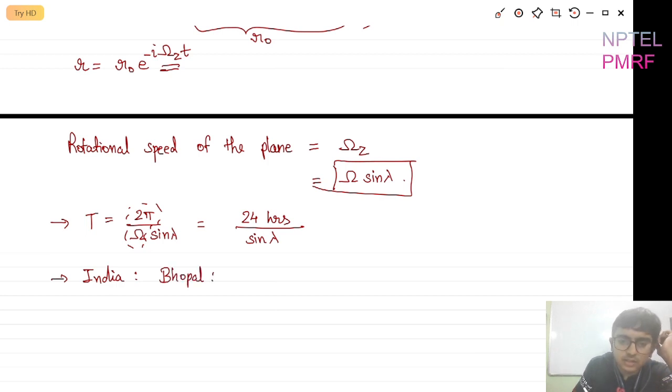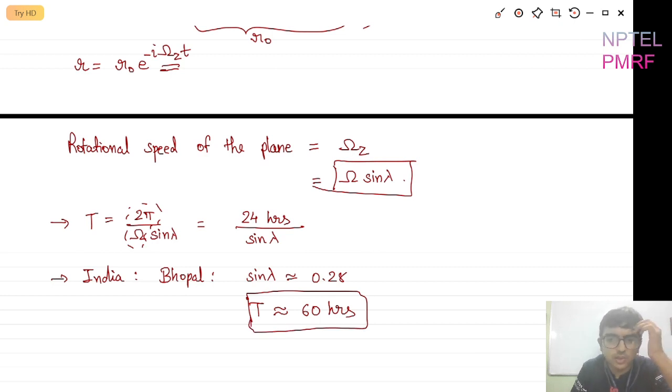You can check on Google the latitude of Bhopal, and roughly sine lambda is around 0.28 or something. So the T is roughly 60 hours. Okay. So even I think in Kolkata it should be similar, around 60 to 70 hours.